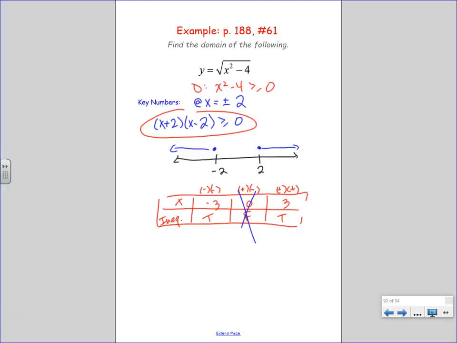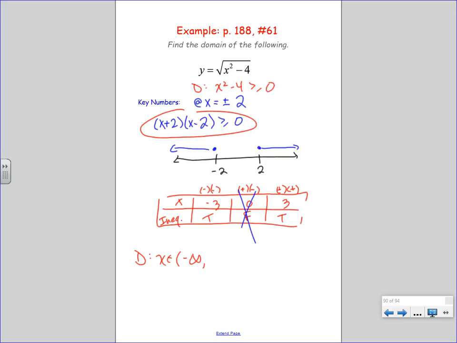So how do I state my domain? Hence, my intervals where it works. -3 or -2. Careful. Start on the left. Negative infinity, all the way up to... careful, careful.